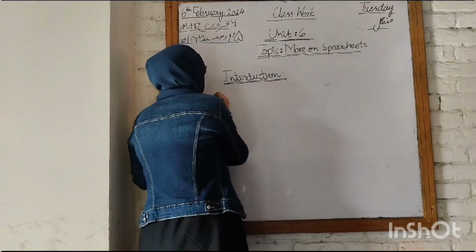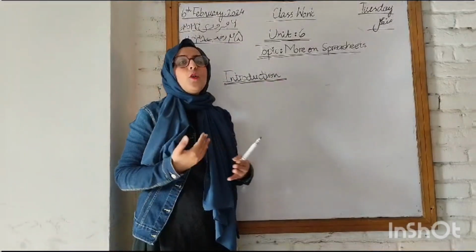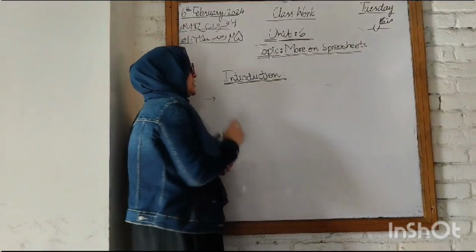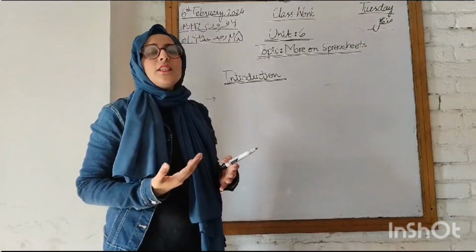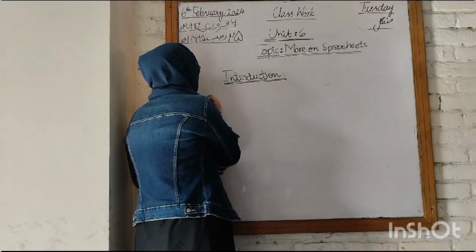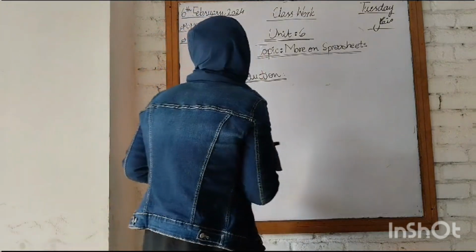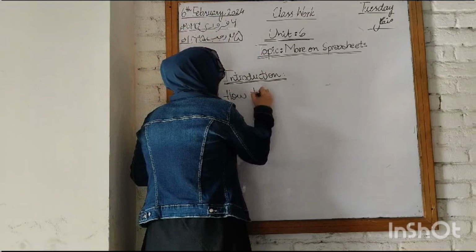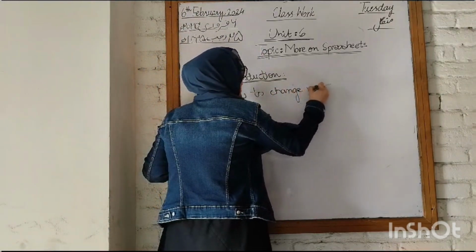Introduction. What we are going to do in this chapter, as I have told you before, spreadsheet is basically Google Sheets, like what we do in Excel, same like that. First, we are going to learn how to change row height.